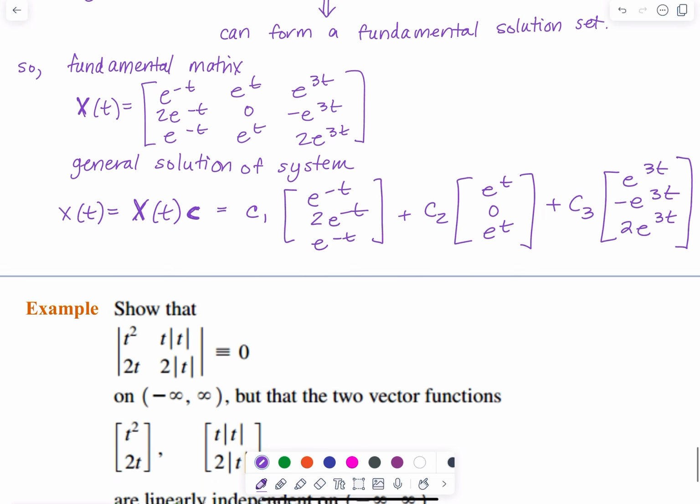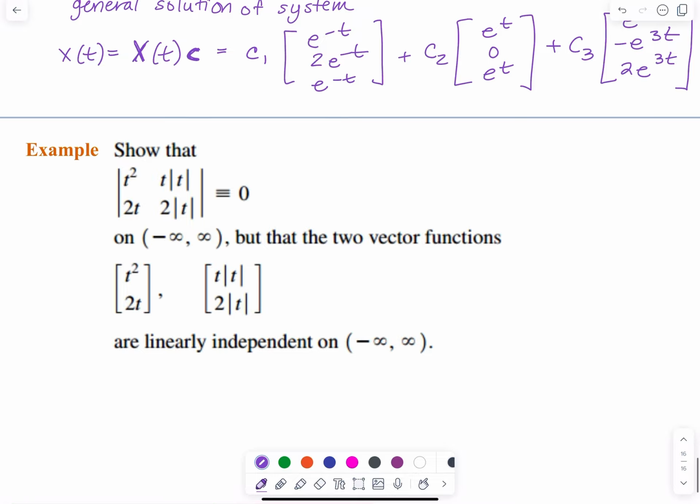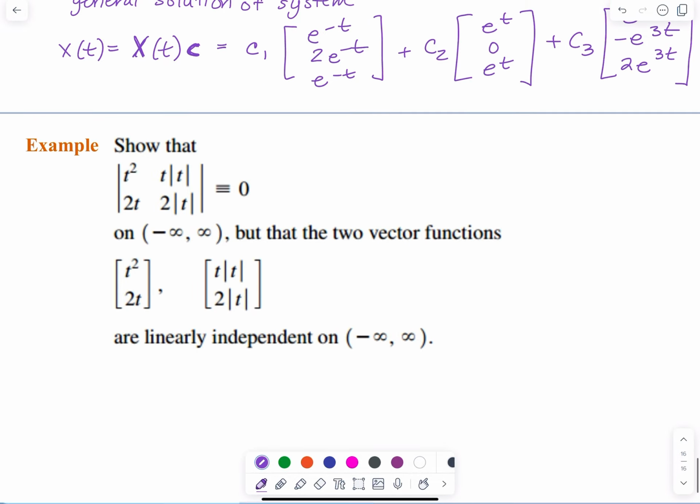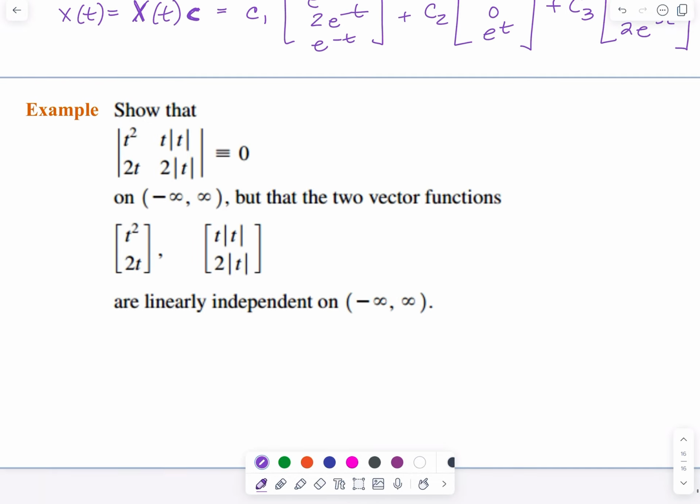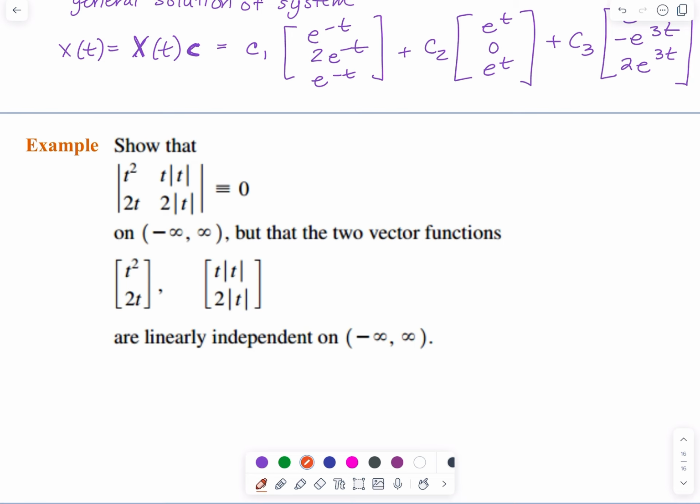Okay, let's look at our next example. Let's first show here that for this second order determinant, we will get the following. So we have t squared. I'll just go ahead and work off of that.